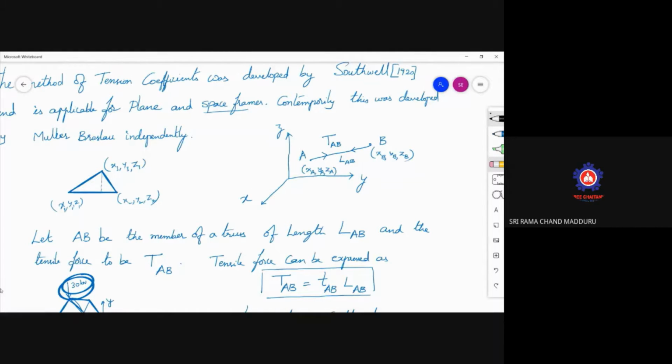If you consider the origin to be this point, from this origin we can obtain the coordinates of the member, that is, point A as well as point B. So I am giving xa along the x-axis, ya along the y-axis, za along the z-axis. Similarly, xb, yb, and zb are the coordinates for B.